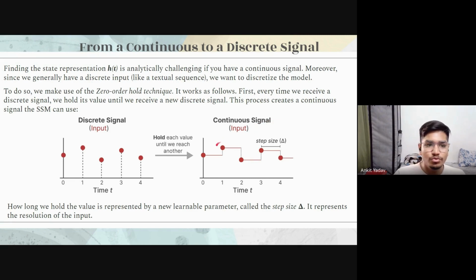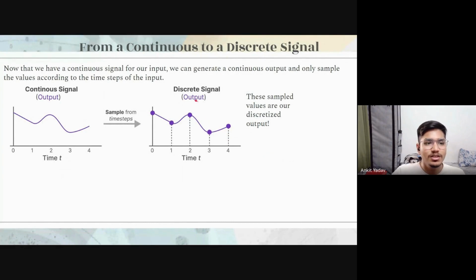Makes sense. To do that, they have to use the zero-order hold technique, again depending on how big a resolution you want in terms of splitting the tokens themselves. This was one of the aspects they had.